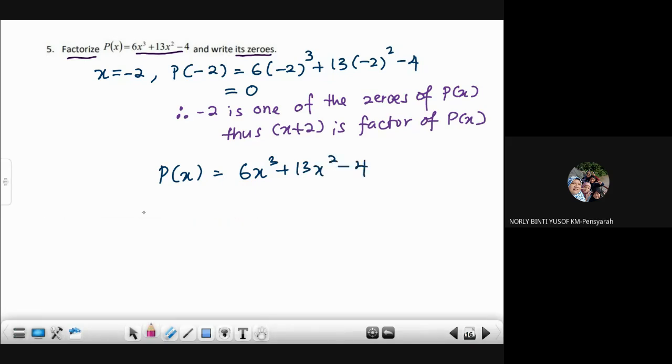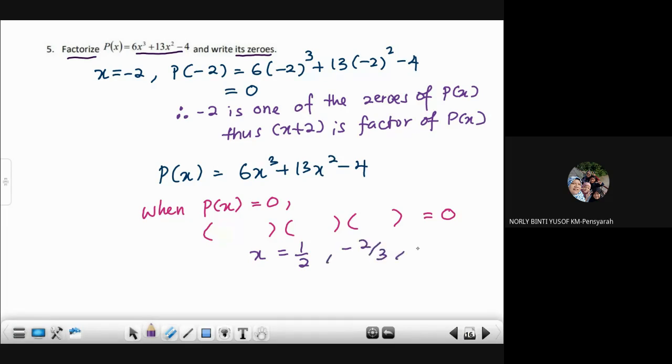So tekan calculator untuk cari dia punya factorize lah kan. So terus buat macam ni, sama dengan kosong. So tekan calculator nanti, x dapat half, negative 2 over 3, negative 2.